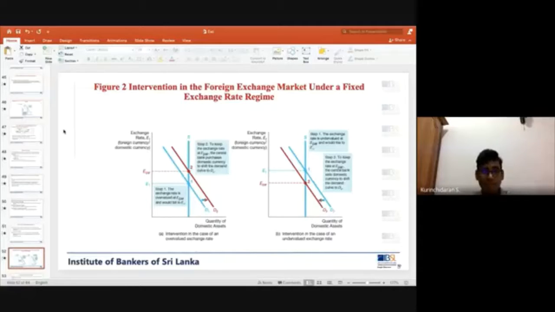Step 2: to keep the exchange rate at E par, the central bank purchases domestic currency to shift the demand curve to D2. So now you have to purchase the domestic currency. Then your demand will go to D2, and again you can reach your pegged rate, that means E par. Is it clear?